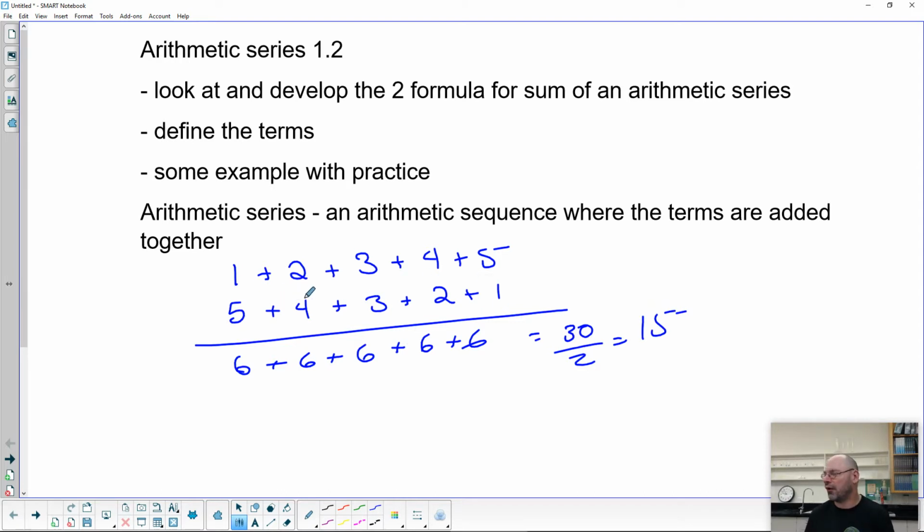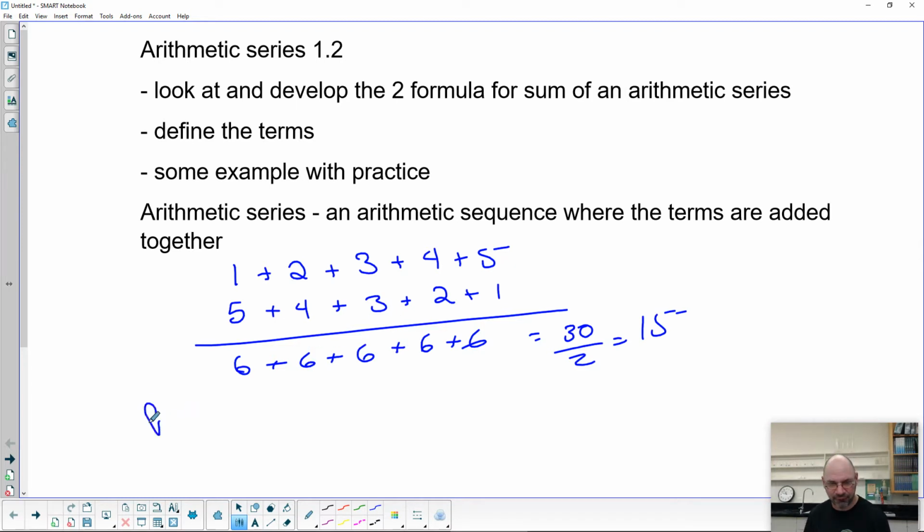So he had 1 plus 100, which is 101, times the number of terms, which was 100, and then he divided by 2. So he developed the formula for it.